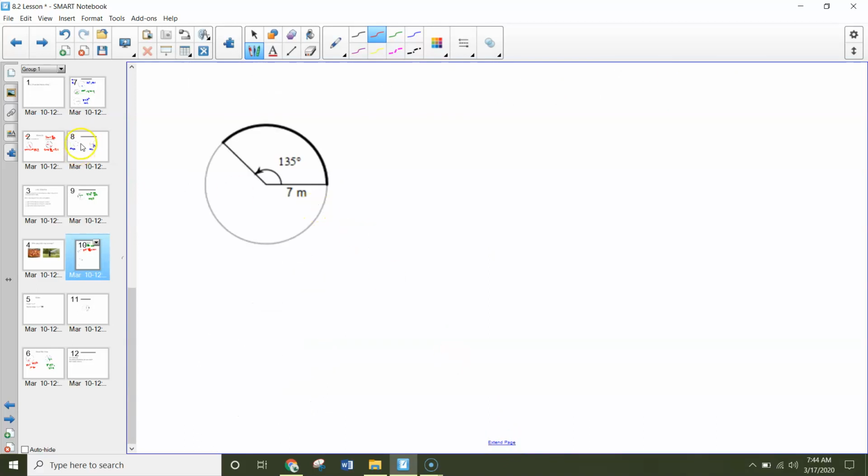Okay, go ahead, pause, try this one, see how you do. Okay, so pi 7 squared times 135 over 360.